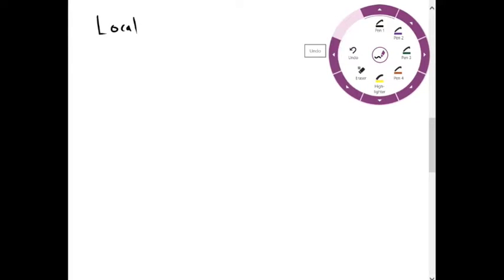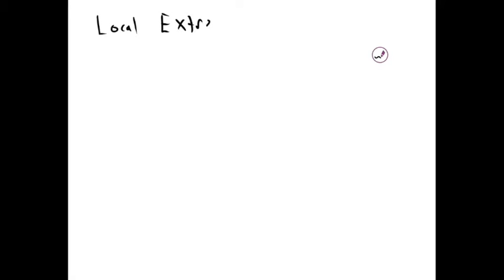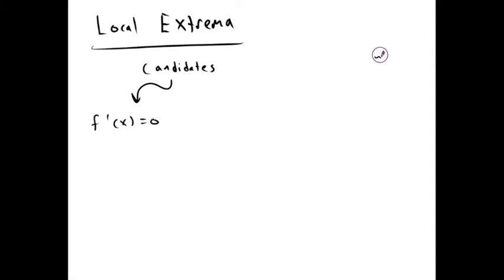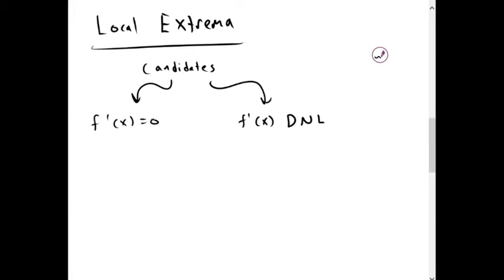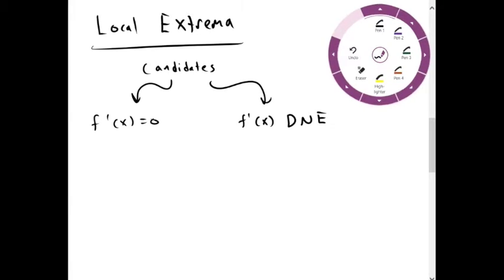To find local maximums or minimums, or local extrema, as they're grouped together, we check candidates. Our candidates are where f prime of x equals 0, or f prime of x doesn't exist. And again, I'll draw you a little picture to show you why.